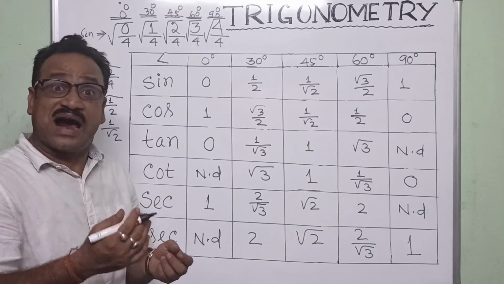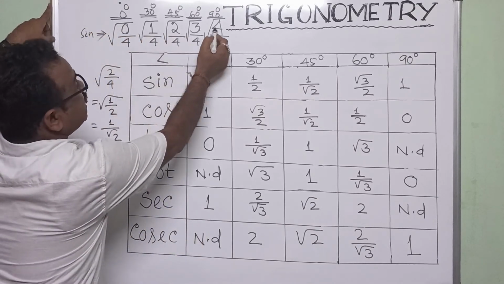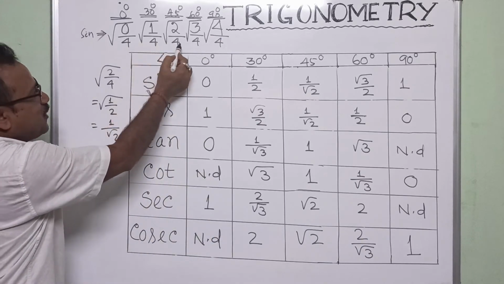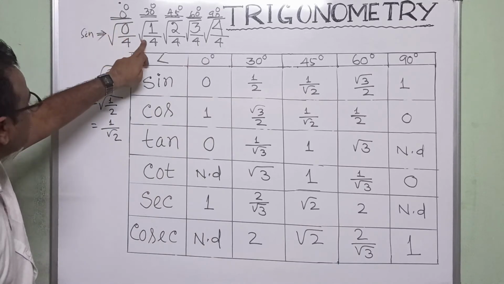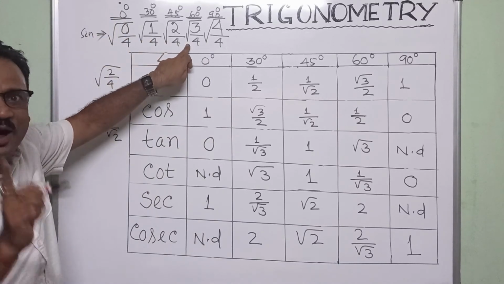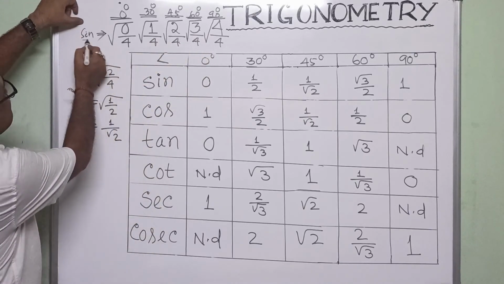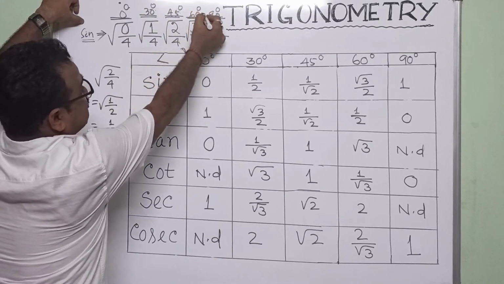So once again I am recalling it. So write 0, 1, 2, 3, 4. Now divide by 4, by 4, by 4, by 4, by 4. Again root over, root over, root over, root over, root over. What are we getting? We are getting the sine of 0 degree, 30 degree, 45 degree, 60 degree, 90 degree.